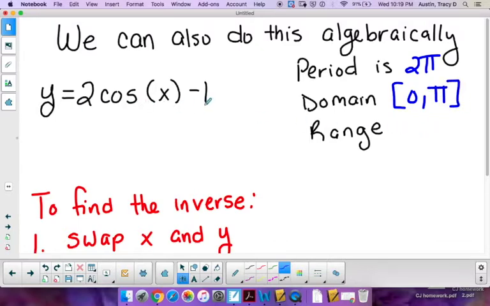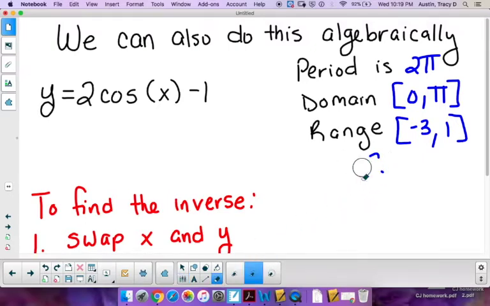And the range of my function right now, remember the shortcut way of finding the range, d plus or minus a? So -1 plus or minus 2 gives me a range of from -3 to 1. So -1 minus 2, -1 plus 2. So we have our domain and range of our original function.